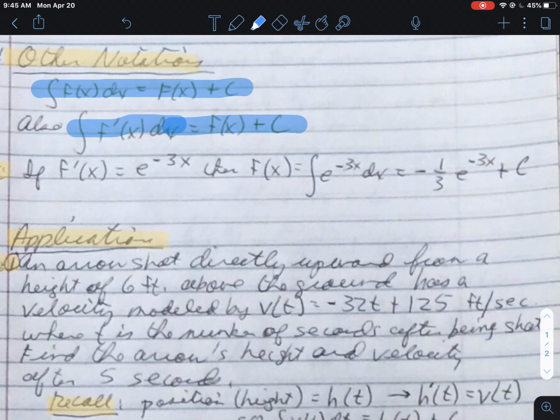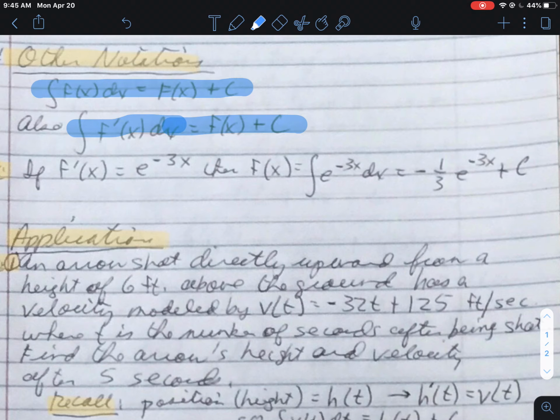So you're going to see both notations used. Whether I use cap F for our function and little f as the derivative, which makes cap F the antiderivative, or we use little f for our function and f prime as our derivative, which makes little f the antiderivative, it's all relative to whatever notation you're using.